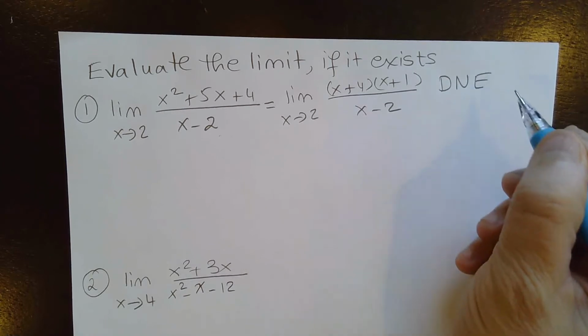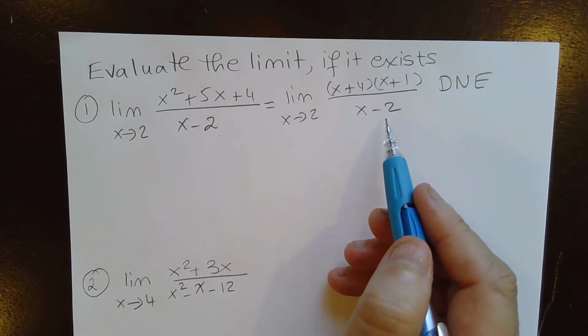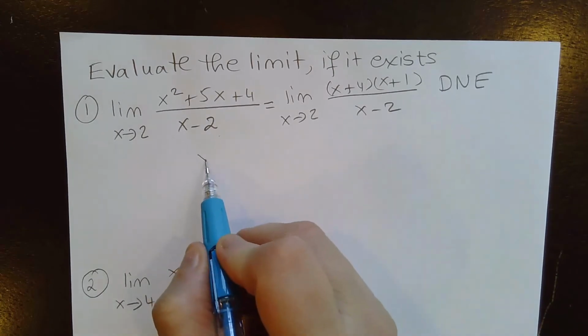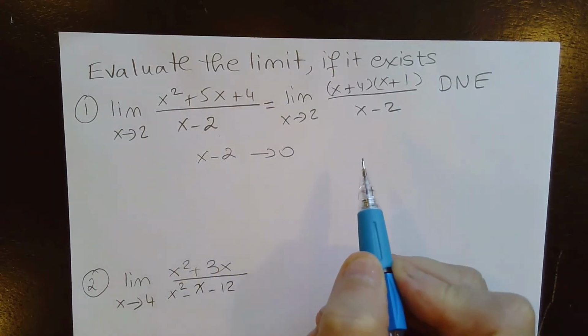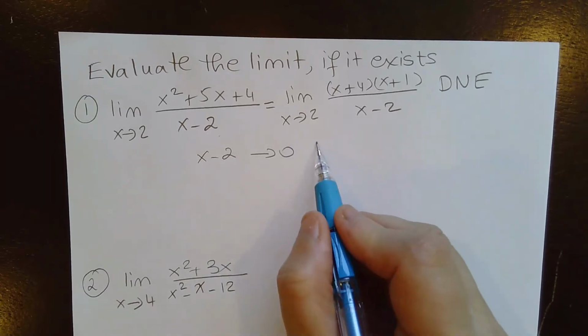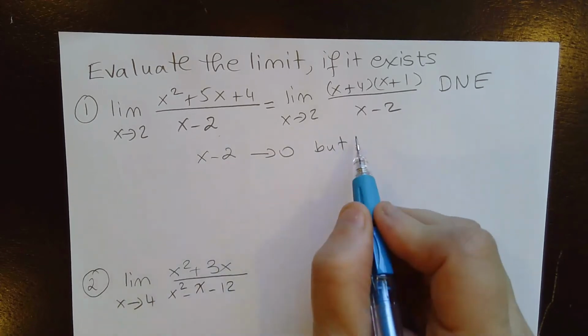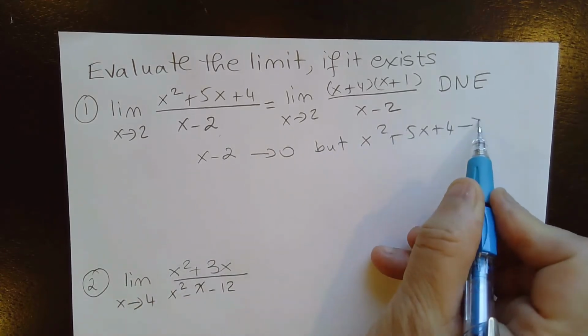The limit does not exist since the denominator x minus 2 approaches 0. So x minus 2, the denominator, approaches 0 as x approaches 2. But the numerator, which is x squared plus 5x plus 4, approaches another number.